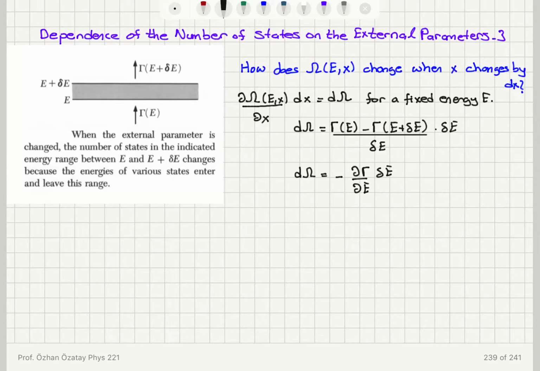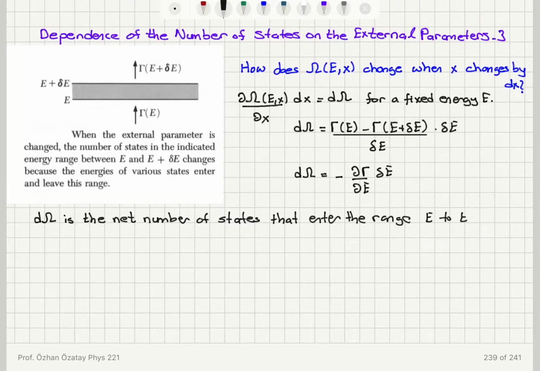So d omega here is basically the net number of states that enter the energy range E to E plus delta E, minus the net number of states that are leaving the range E to E plus delta E to higher energies.